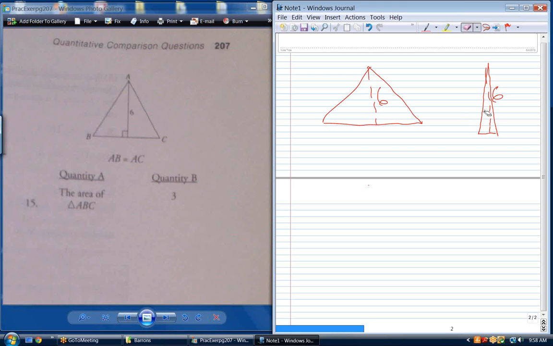Since the area, I can clearly graphically see that this area is a lot less than this area. And there's really not much limit as to how small I can make that. In other words, I don't even need to know the formula for the area of a triangle. All I need to be able to see is that I can change that base to almost nothing, and I can also make it really big. So I can make the area of this triangle whatever I want. A number less than 3 or a number greater than 3? Greater than 3. Okay.